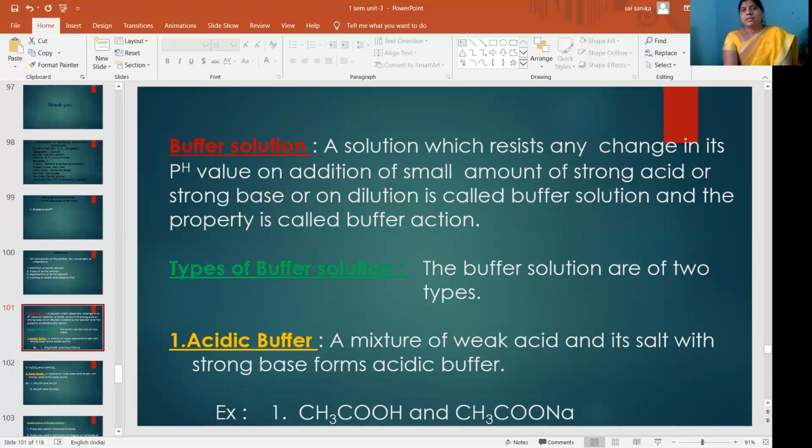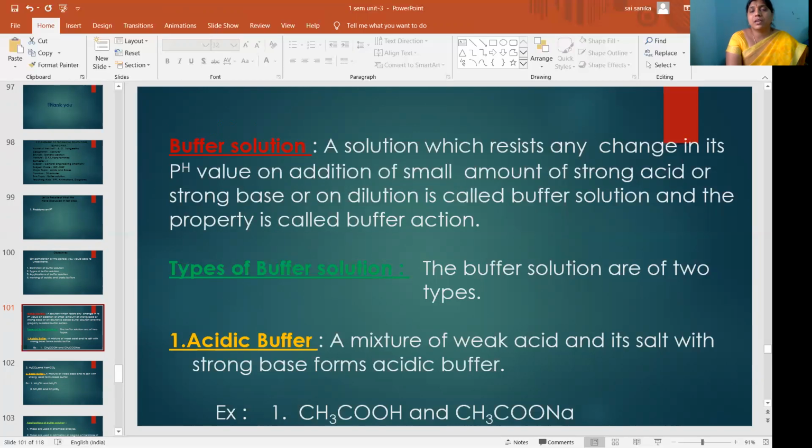Some solutions change pH on adding acid, base or water, but there are solutions where there is no change in pH value. Those are called buffer solutions.